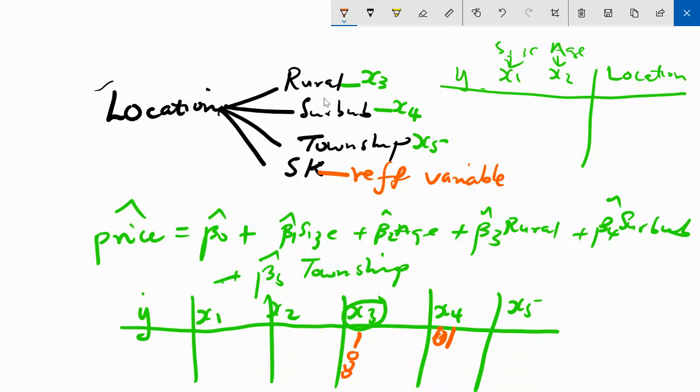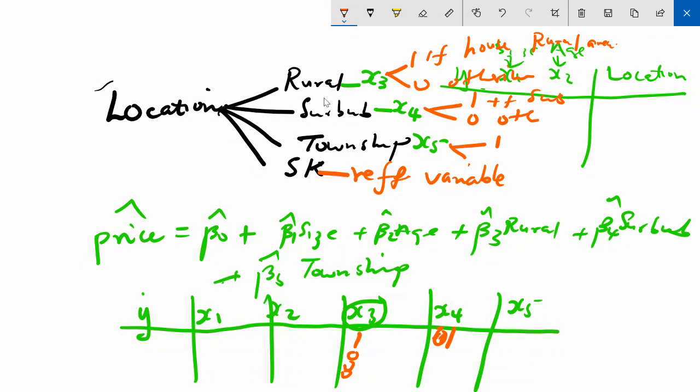I have an example that we're going to do, which is related to whatever I was explaining here. So it means X3, if I can go back to the X3, it means 1 if the house is from a rural area, 0 otherwise. Same applies to this one: 1 if suburb, 0 otherwise.